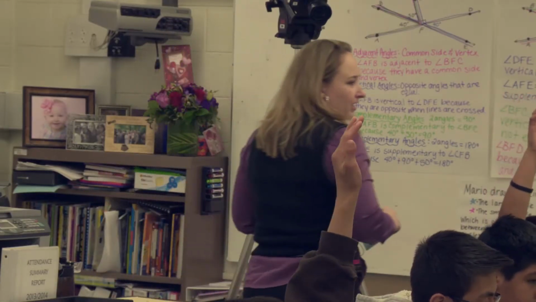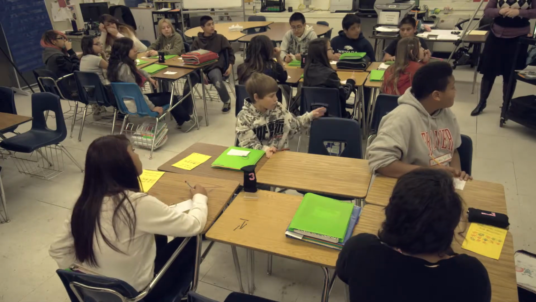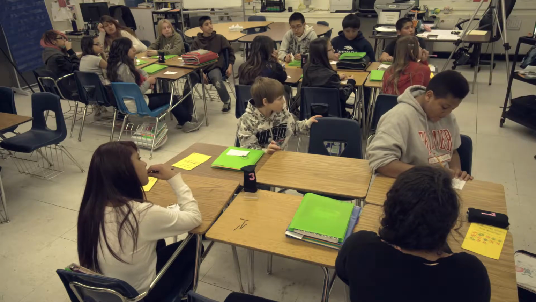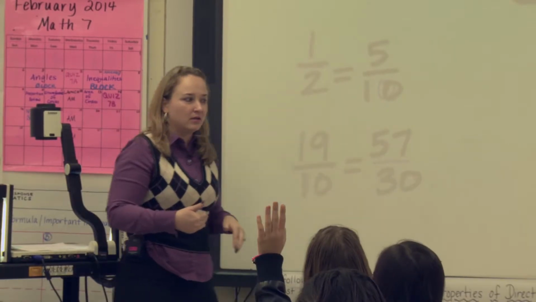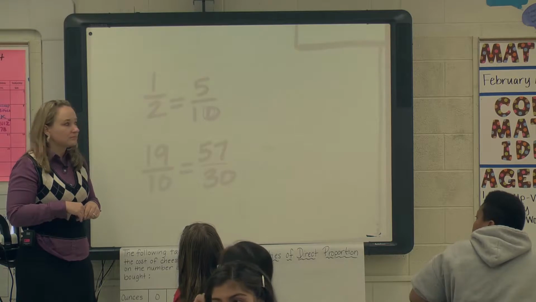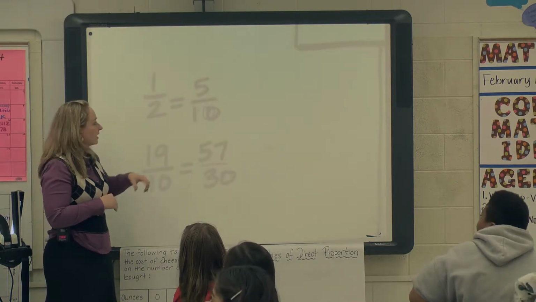Anybody, can anyone prove that to us, DJ? Because 5/10 is, 5 is half of 10. Oh, 5 is half of 10. So you know that 5/10 is a half. Is there another way you could prove it? DJ's right. What's another way that would work for anything, Chris? You can divide it by 2. Divide what by 2? Can you be a little more specific? 5/10. Okay. Divide by 2.